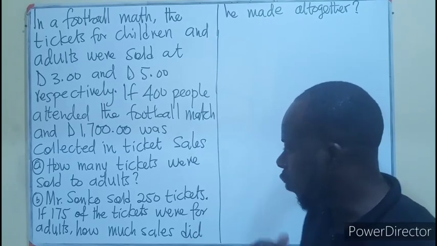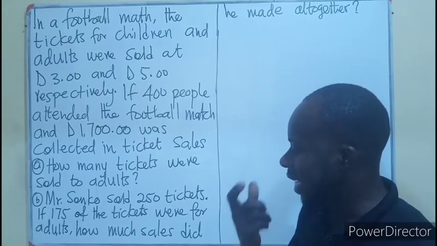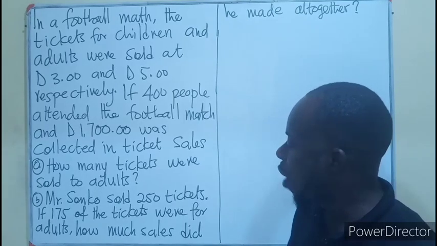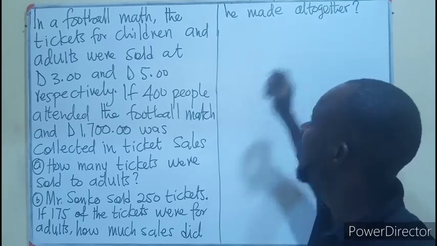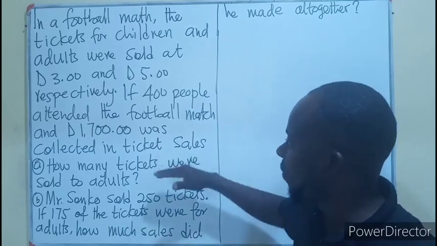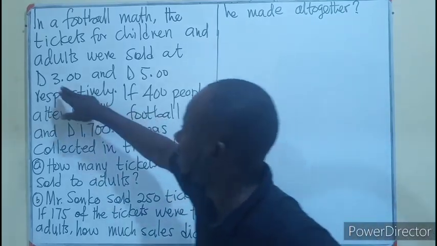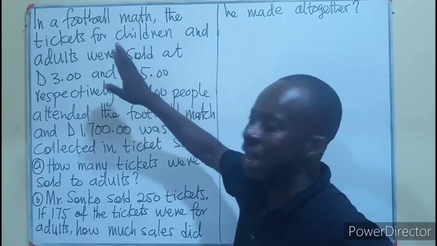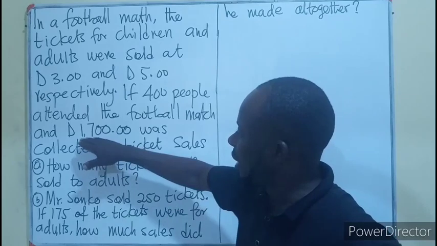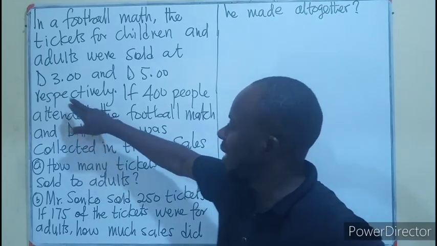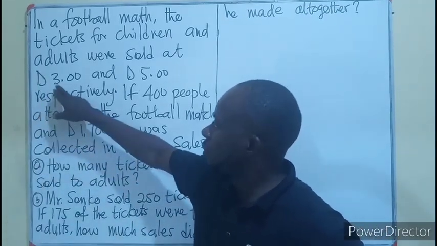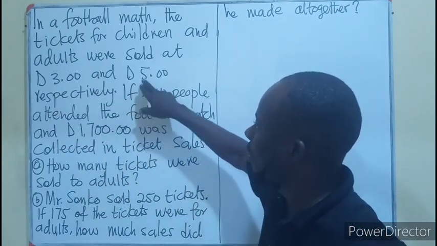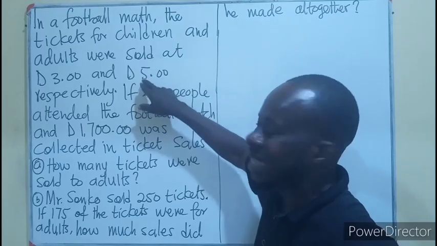2. Mr. Sonko sold 250 tickets, and if 175 of the tickets were for adults, how much sales did he make altogether? So taking the first part, knowing very well that 3 cedis is for the children and 5 cedis is for the adult, there is a particular number of children times 3 cedis plus a particular number of adults times 5.